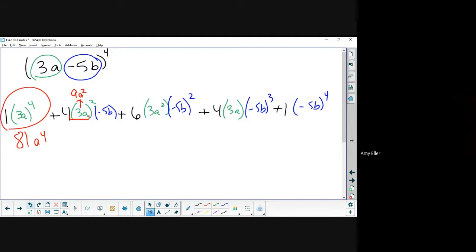Look at your coefficients. You have 4 times 9 times negative 5. Let's type that in your calculator. 4 times 9 times negative 5. Negative 180. And do your variables. You had a squared and b.